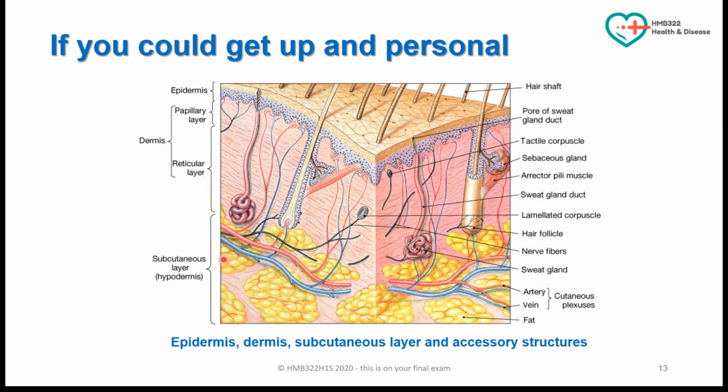Under that, we have the hypodermal layer, often referred to as the subcutaneous layer. Those make up the three major layers of the skin. Hopefully all a review for you. Any questions on this before we get going? We're good?